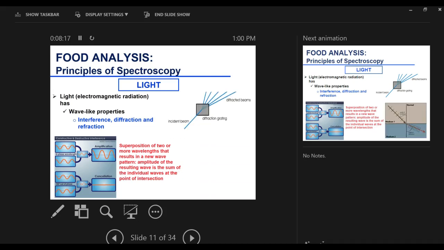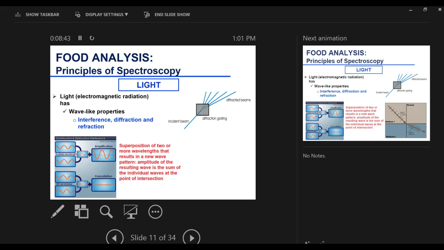Diffraction is very important as well, characteristic, because we use it quite often when we do quantification. You want to quantify at a singular wavelength. So you want to determine the concentration when the molecule absorbs at a singular wavelength. So oftentimes instruments have a grating or a prism that will diffract the light.